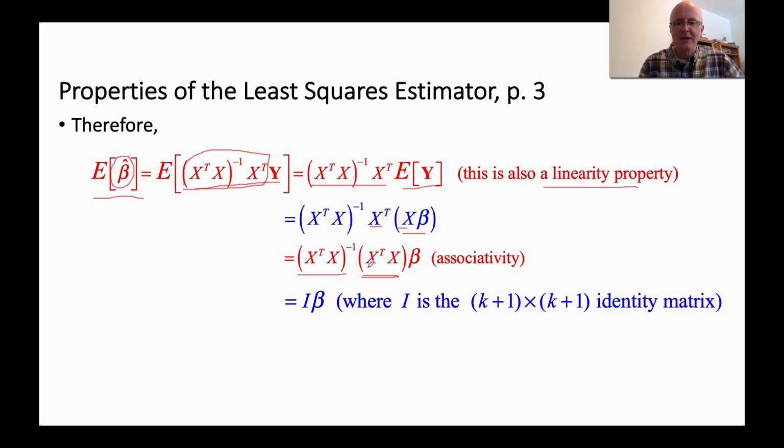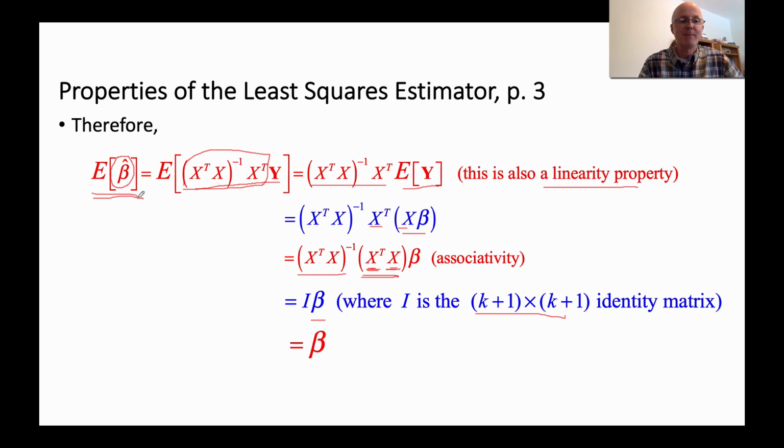Well, X itself is n by k plus 1. X transpose is k plus 1 by n, times n by k plus 1 is k plus 1 by k plus 1. Okay? Write that down. Beta is k plus 1 dimensional. Multiply I times beta, you get beta.